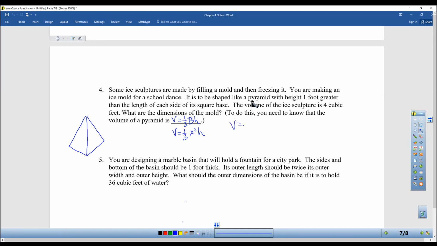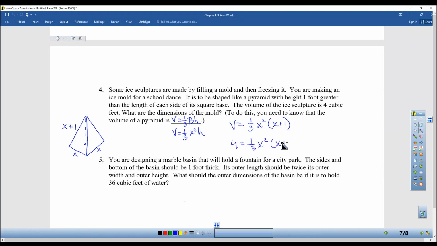So for us, though, it says the pyramid with a height 1 foot greater than the length of each side of its square base. So if these are x's, then this height in the middle is going to be x plus 1. So my volume is 1/3 x squared times x plus 1. And my volume is equal to 4.